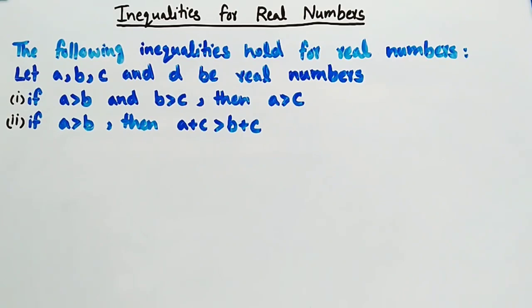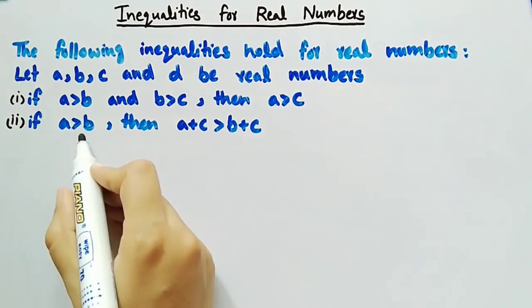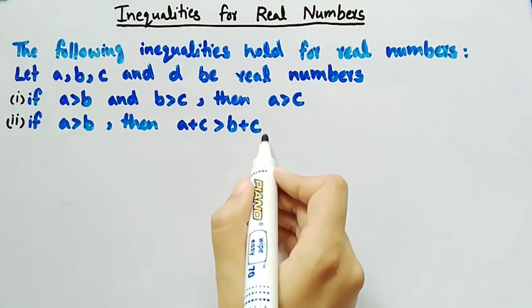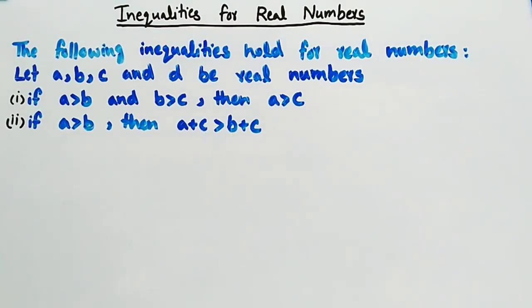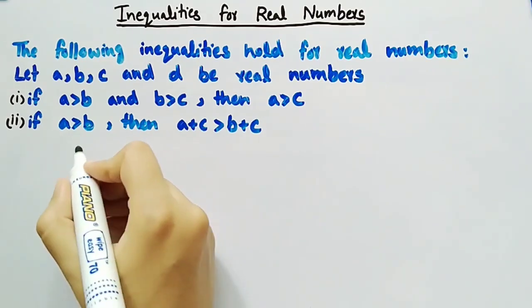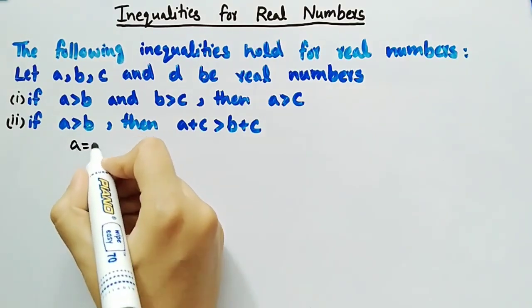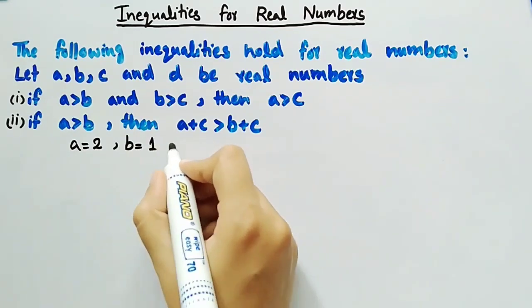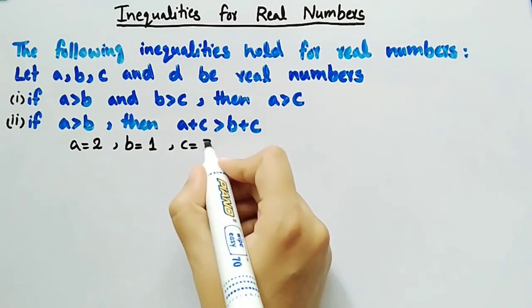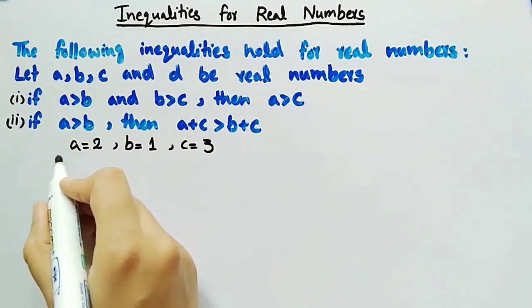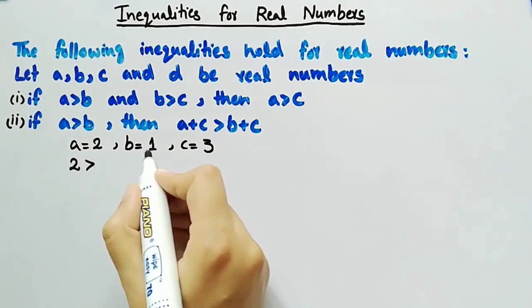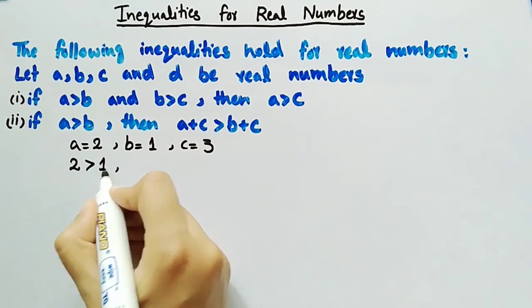The second inequality for real numbers is, if A is greater than B, then A plus C is greater than B plus C. For a particular case, if we consider A equal to 2, B equal to 1, and C equal to 3, then we can clearly see that A, which is equal to 2, is greater than B, which is equal to 1.